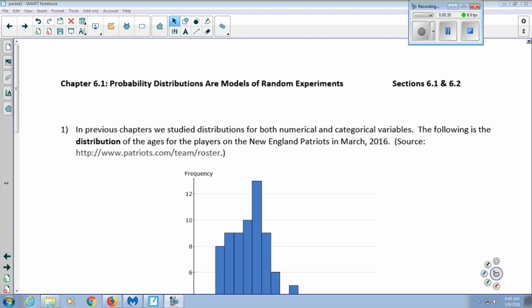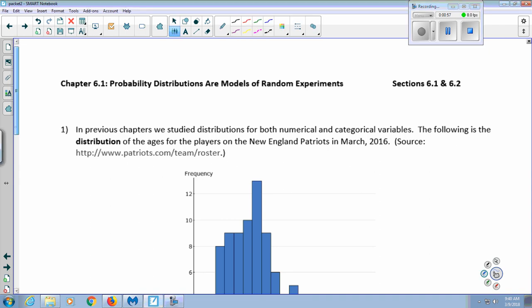In previous chapters, we studied distributions for numerical and categorical variables. This following distribution is the distribution of ages for the New England Patriots. And we're going to be focused on numerical variables.